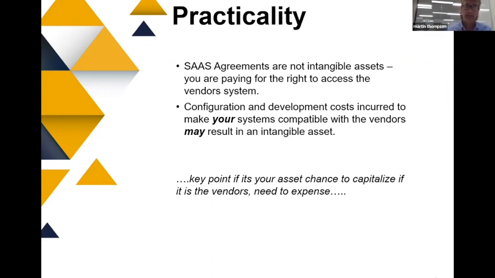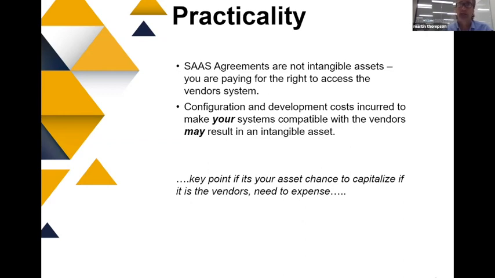It's these costs that the IFRIC decision relates to, and that we need to consider in the context of AASB 138. We're not considering the costs of the software as a service. That's not going to be capitalised, but the costs that you may incur in configuring your existing systems to be compatible with the vendor's software may result in an intangible asset.